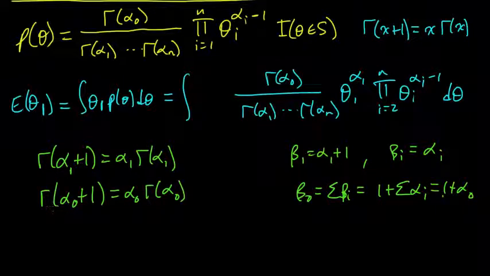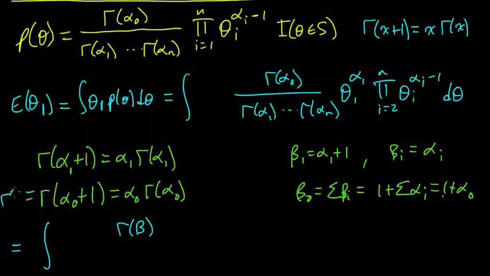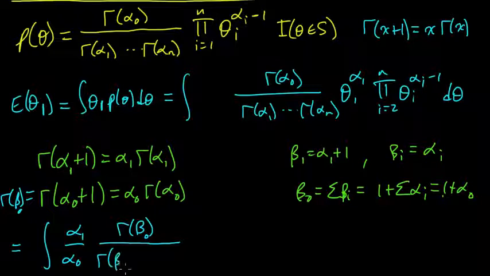Now let's make a new line, and we'll plug in this stuff. So this becomes gamma of beta 0, and then we have to divide by alpha 0. This one, gamma of alpha 1, when we solve for gamma of alpha 1 and plug in, we get alpha 1 in the numerator divided by gamma of beta 1.